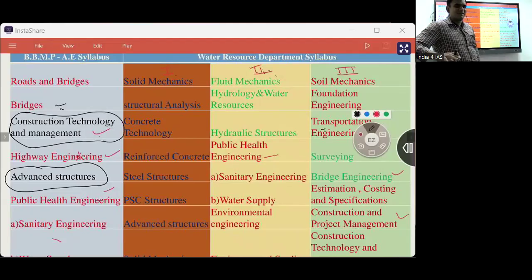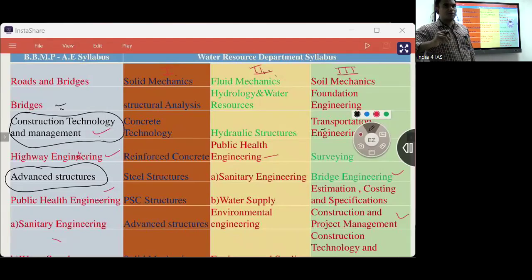I studied this 20 years back. Still I remember, because that was the hunger to make me pass. This is not an easy subject, but you need to learn. Bansal textbook. It's a Bible for me. R.K. Bansal.